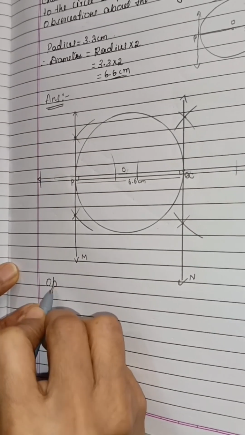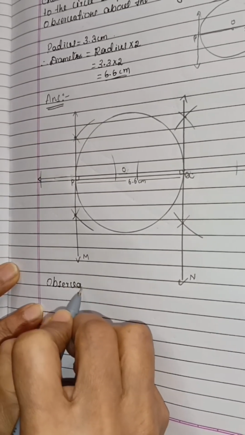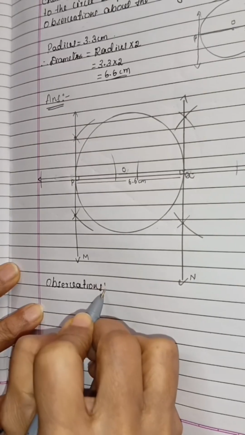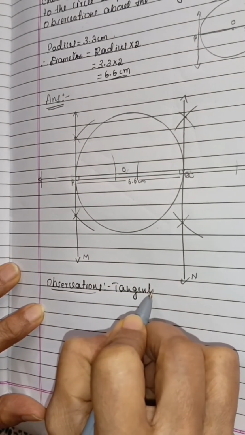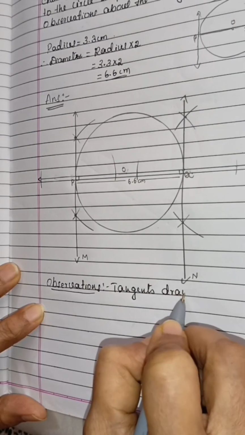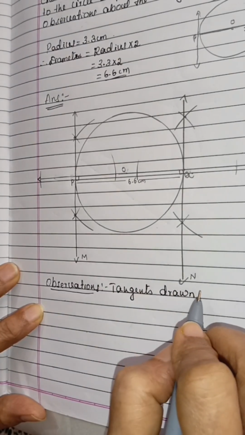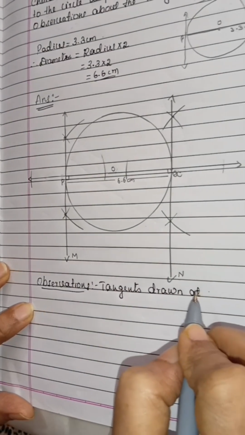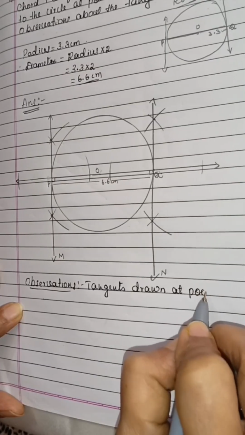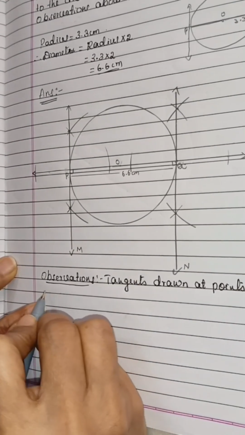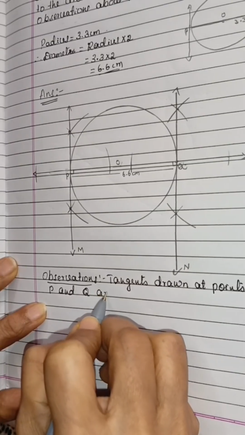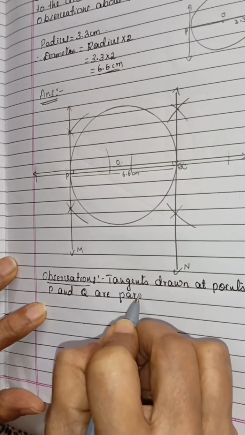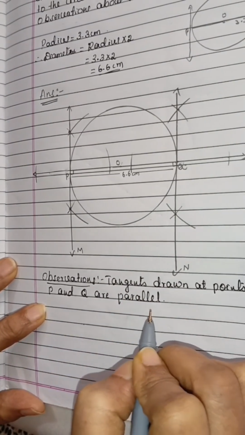Observations: tangents drawn at points P and Q are parallel.